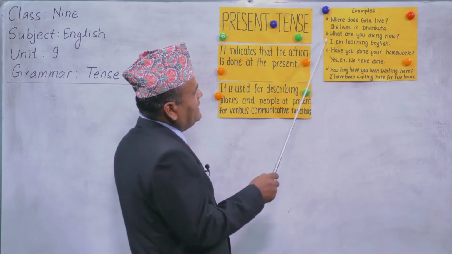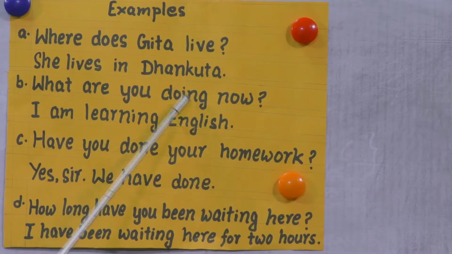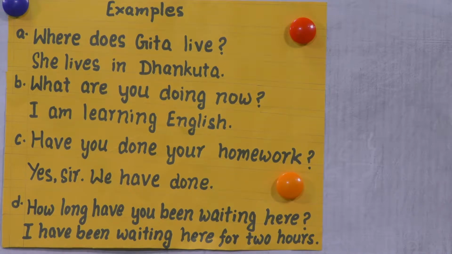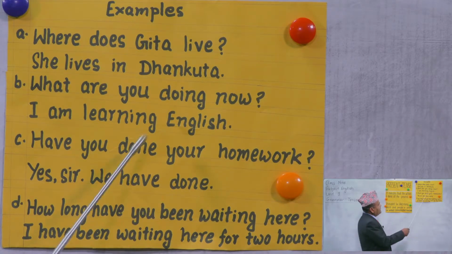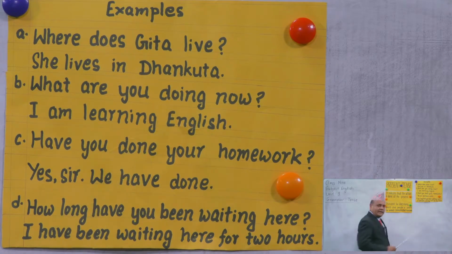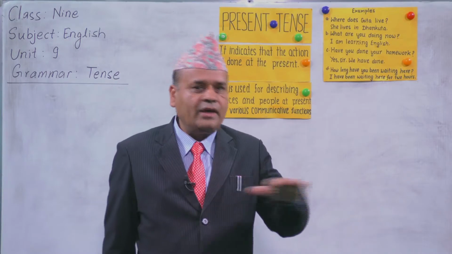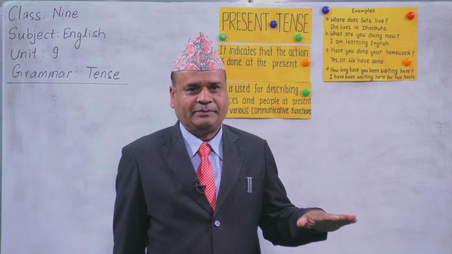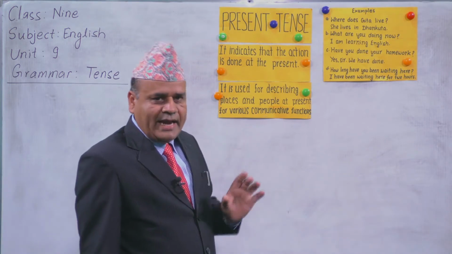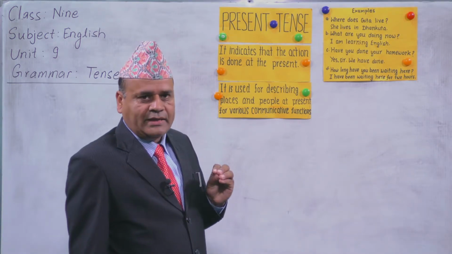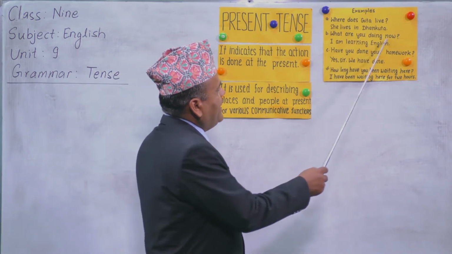So here, the next sentence is, what are you doing now? You see, sentence B is different from sentence A, right? In sentence B, you find continuous action, right? The question demands what actually is going on there, what's happening there, okay? So, man A asks man B about this, like, what are you doing now?